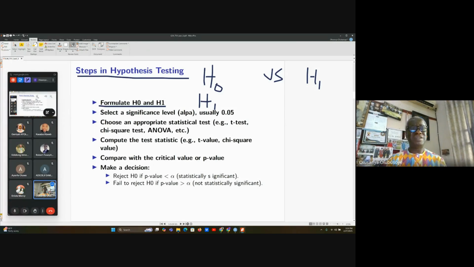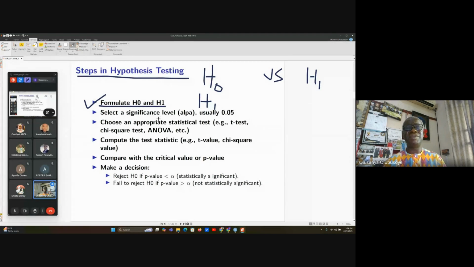The null saying no effect or no difference, the alternative saying there is a difference, or one is greater than the other, or one is less than the other. So you could have a direction, you could also have a directionless alternative hypothesis. So formulating the hypothesis is the first step.